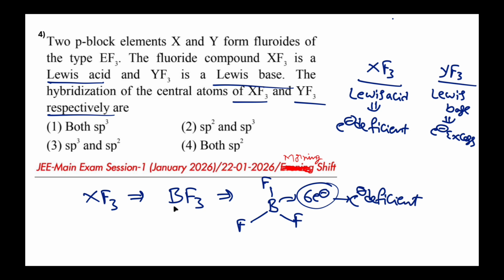So in the BF3 molecule, boron has sp2 hybridization, steric number 3, that is a trigonal planar arrangement.